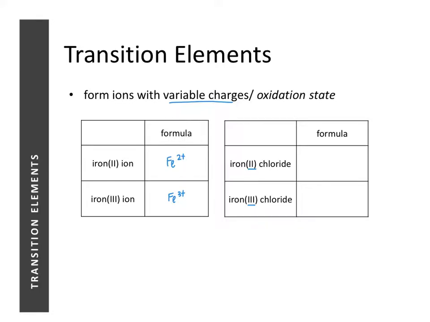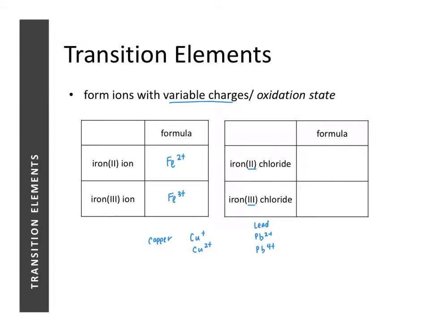Other examples include copper. Copper can be copper 1 or copper 2. Similarly, lead. Lead can be lead 2 or lead 4. So this is unique to transition elements.